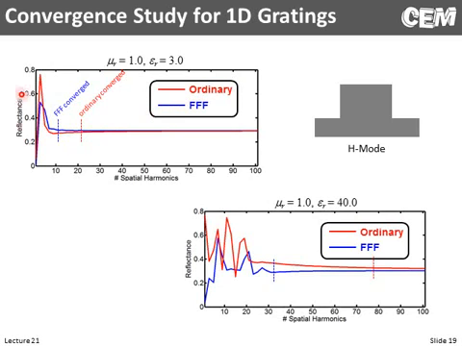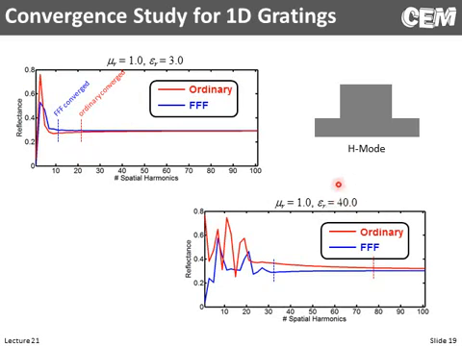So what I'm plotting is the overall reflectance as a function of the number of spatial harmonics that we're retaining in the expansion. And what we can see, and maybe I should have zoomed in on this to make it look a little bit clearer, but fast Fourier factorization definitely converges faster. I'm taking it out probably way too many spatial harmonics to make this meaningful, but if we zoomed in right here, you'd be convinced that the fast Fourier factorization for this case converged faster.